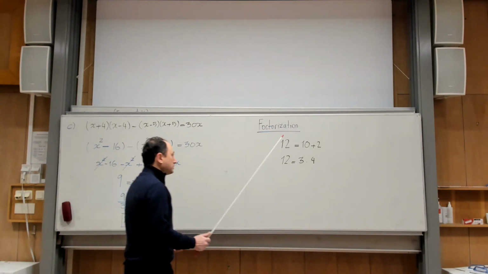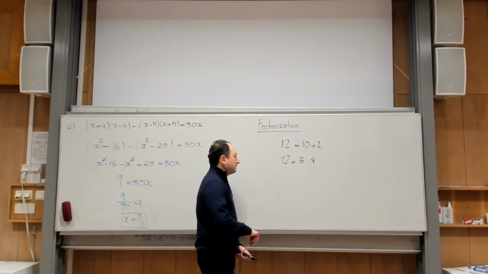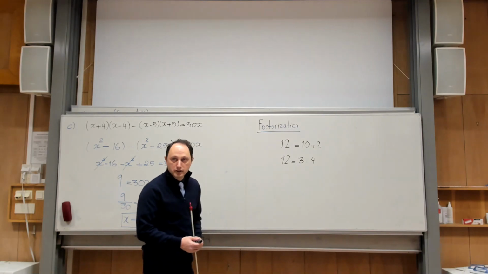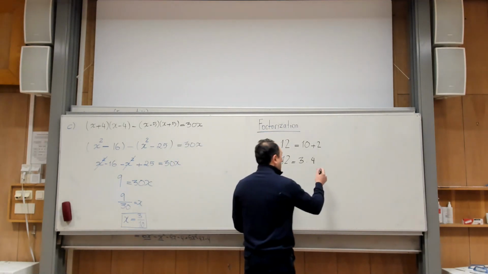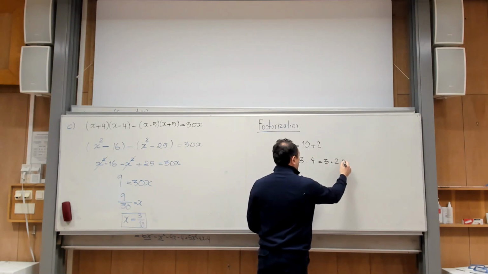But of course here you see that I can continue more. Every time I ask you to factorize, it means continue the factorization process until the very end, until you cannot factorize anymore. So for example, I can write 3, and instead of 4, I can write 2 times 2.